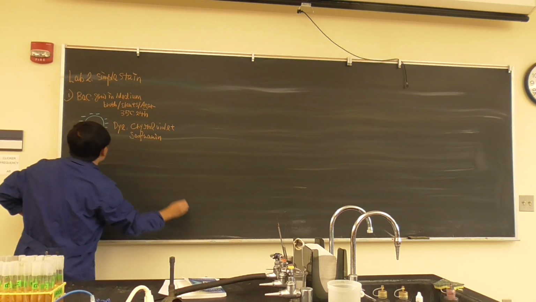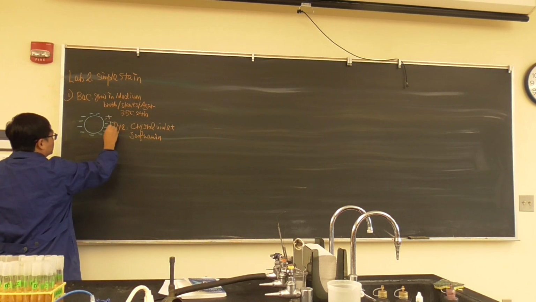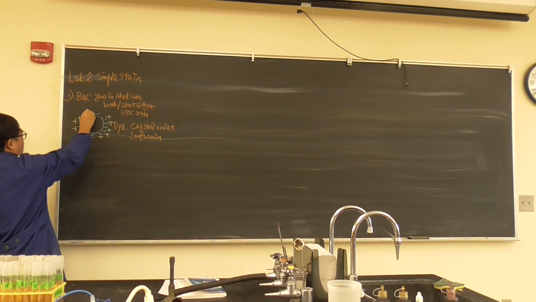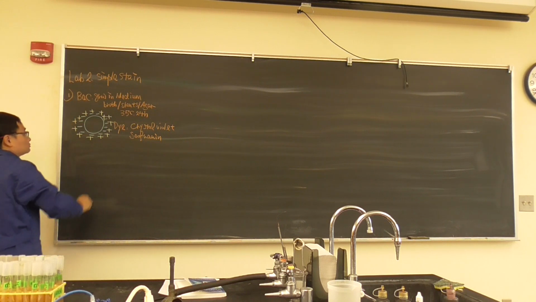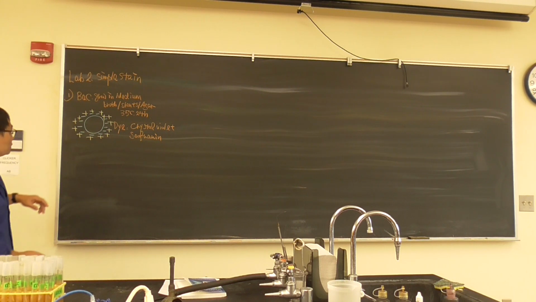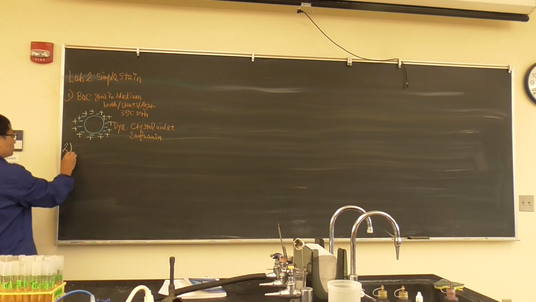So if it's negatively and positively charged, they can combine together. That's very basic physics knowledge. And then the bacteria sample can be stained, and using a microscope, we can do the observation. So that is a very simple concept behind it.